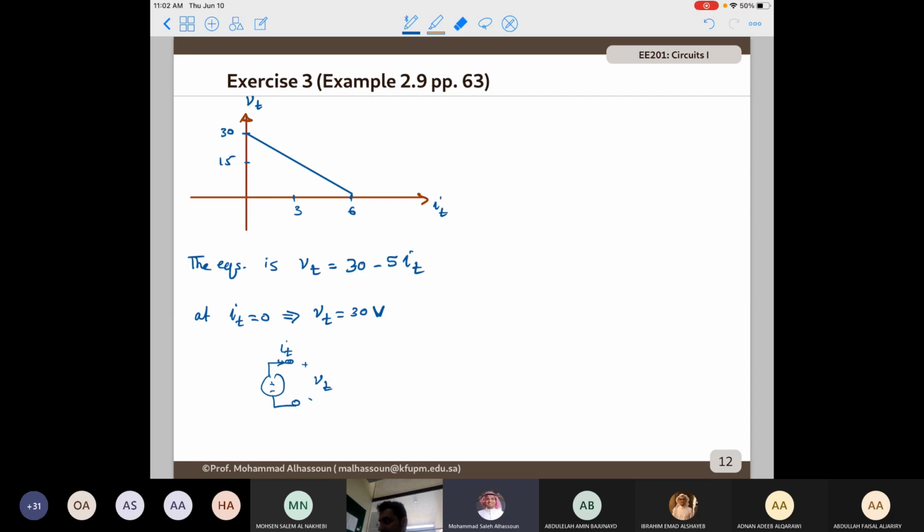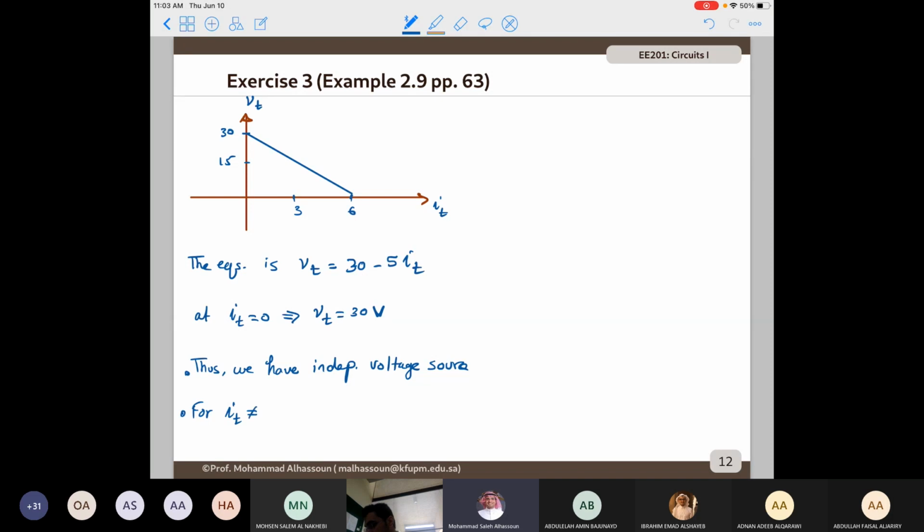So this implies that you have an independent voltage source here. Then, Doctor, we can say that the device is an independent voltage source and a 5 ohm resistance. Exactly, that's what we have.